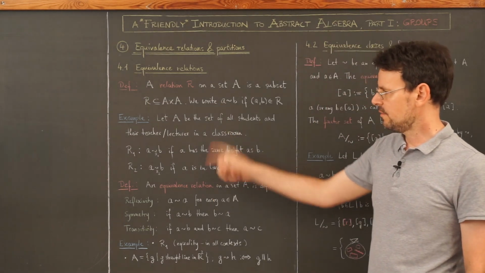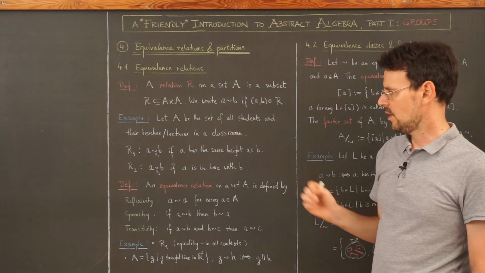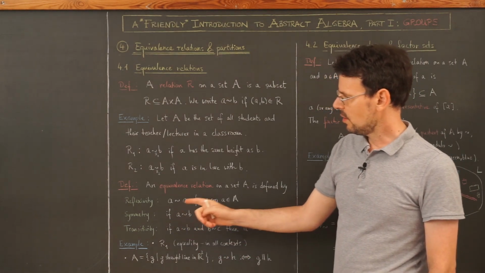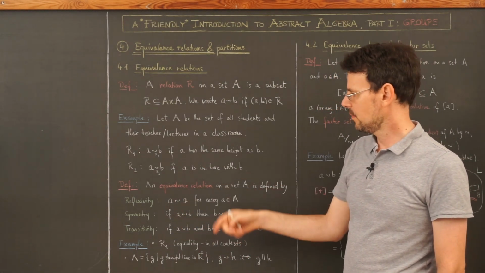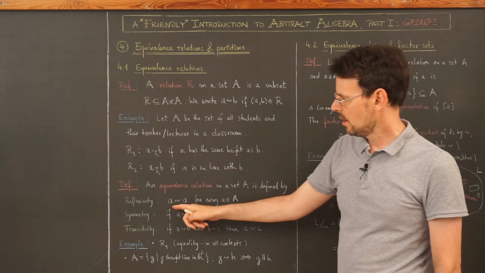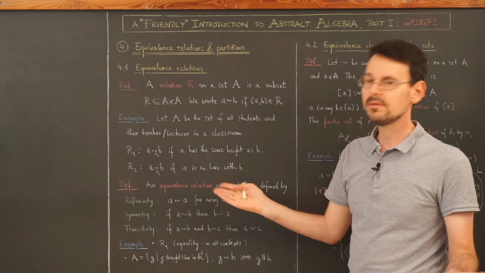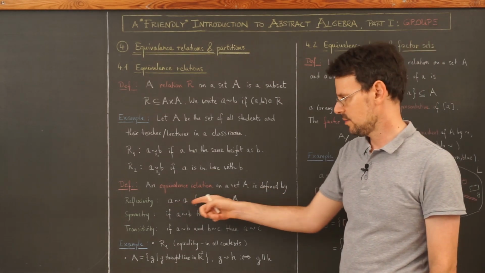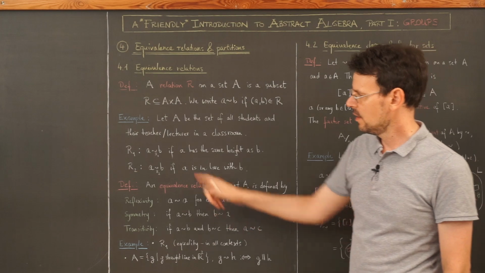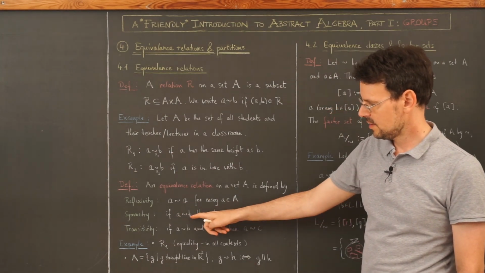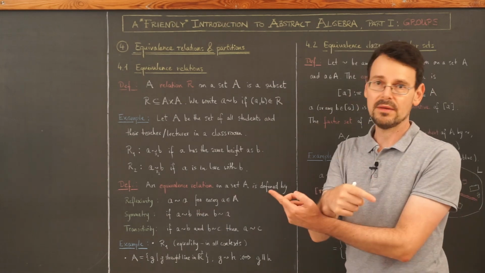Okay, let's see if these two relations here are equivalence relations. For R1 this is pretty obvious. Let's check the three properties. Does a student or teacher have the same height as himself? Well, obviously. So a is related to itself. Is it symmetric? If one student has the same height as another student, then of course the other way around.